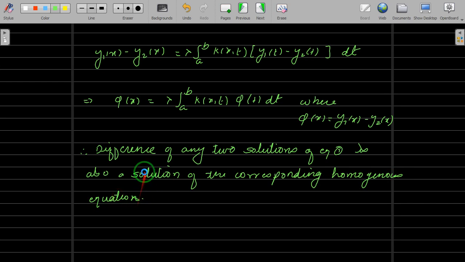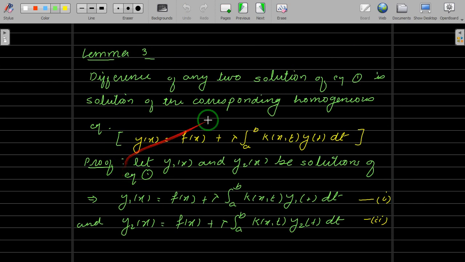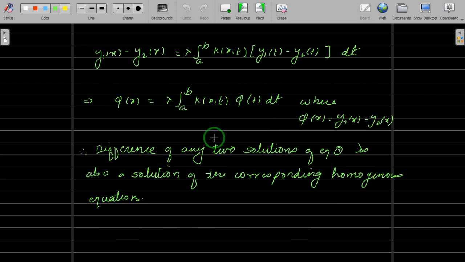Alright, so the lemma was the difference of any two solutions of equation 1, that is this equation, is also the solution of the corresponding homogeneous equation. That means when you remove this f(x), you will have a homogeneous equation, and the difference of y1 and y2 should be the solution of the corresponding homogeneous equation.